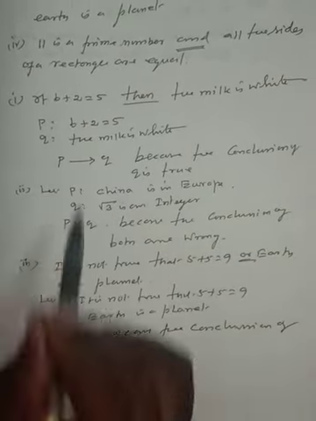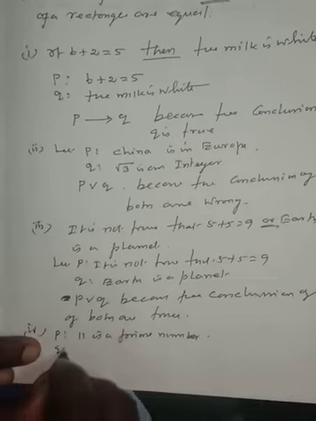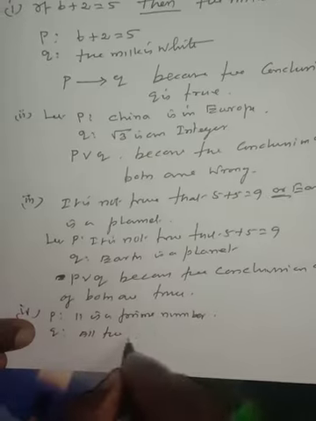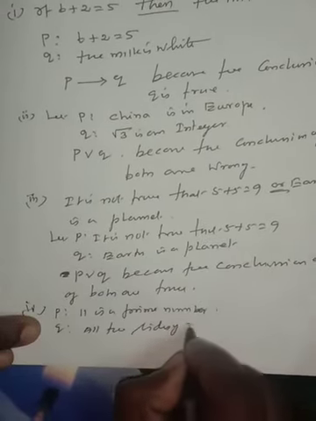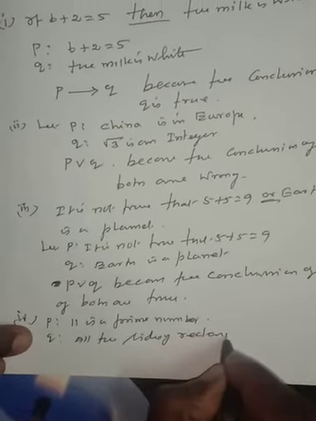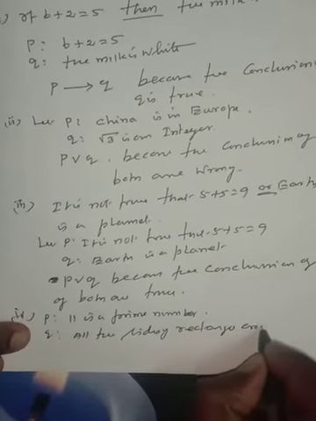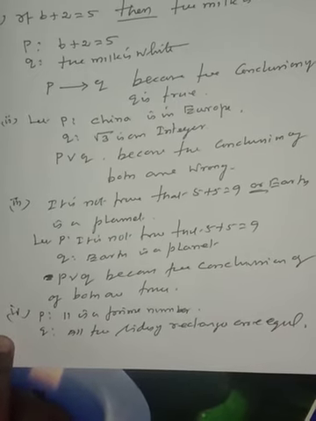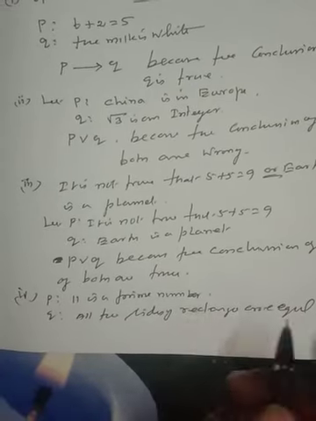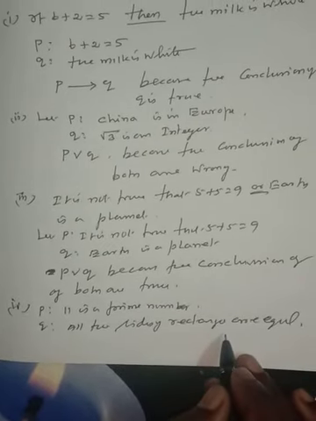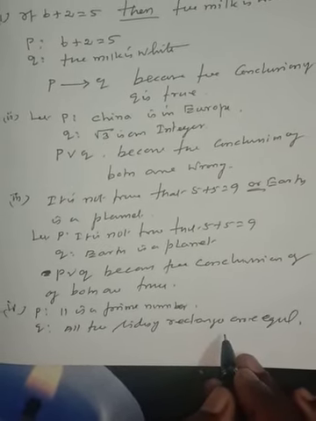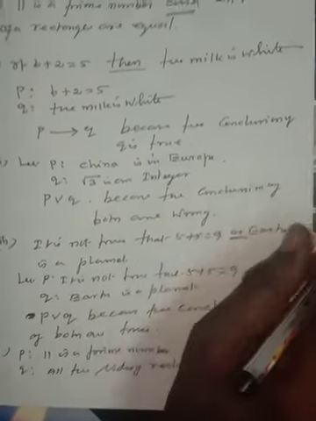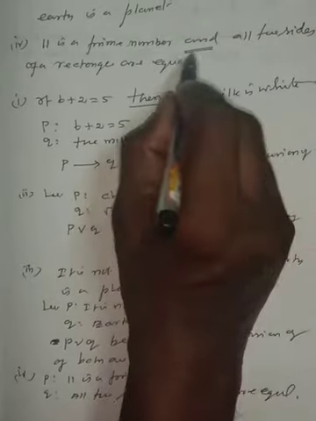Q is all the sides of a rectangle are equal. This is a false statement. So all the sides of a rectangle are equal, using the symbol and.